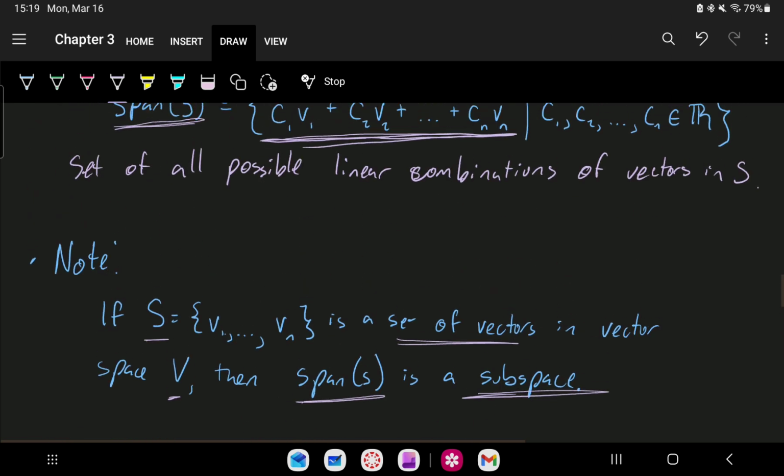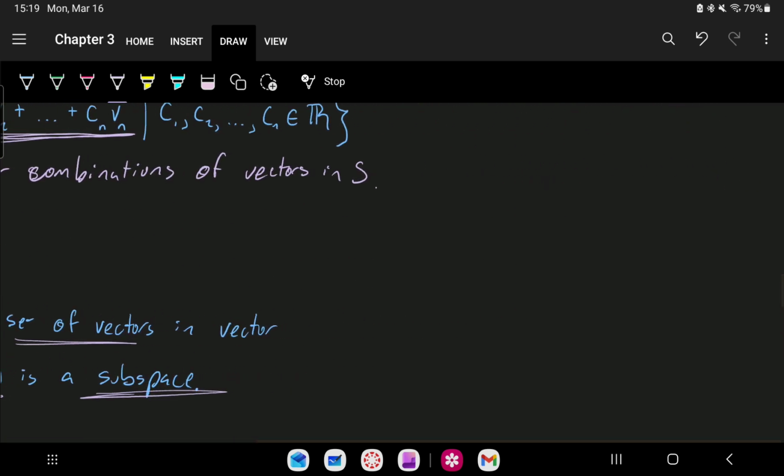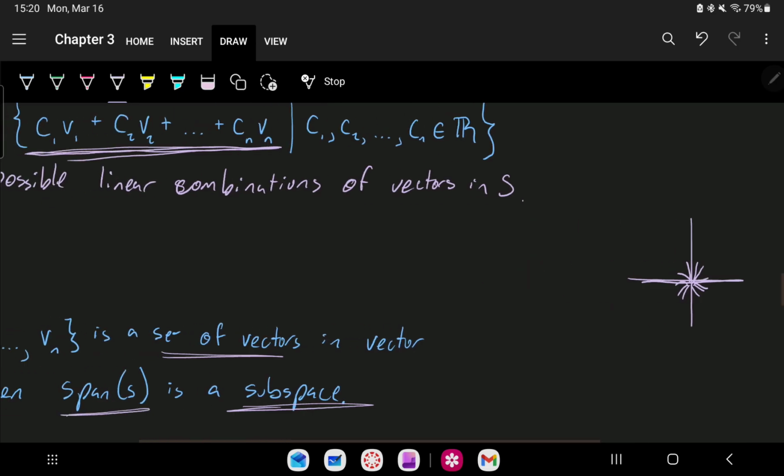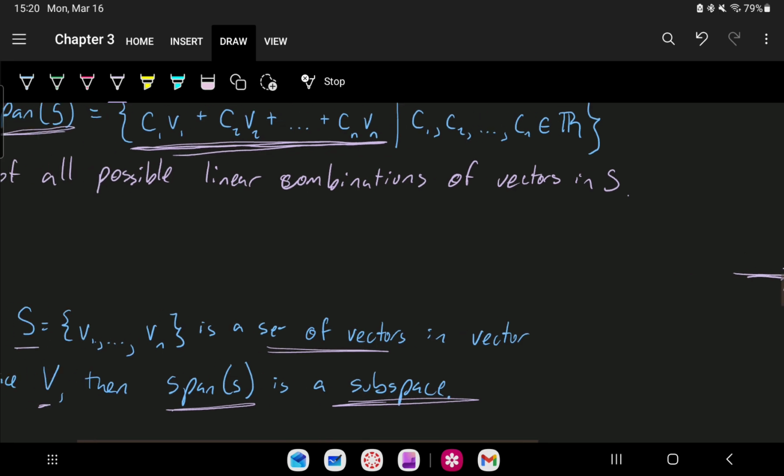So geometrically, if you feel like you need to anchor yourself in some sort of picture, which is always a good idea, basically the span, just like linear combinations, is like every point we can reach on this graph using this set of linear combinations, right? It's essentially like, where can I get to on this graph using the rules laid out to me by the subspace, right?